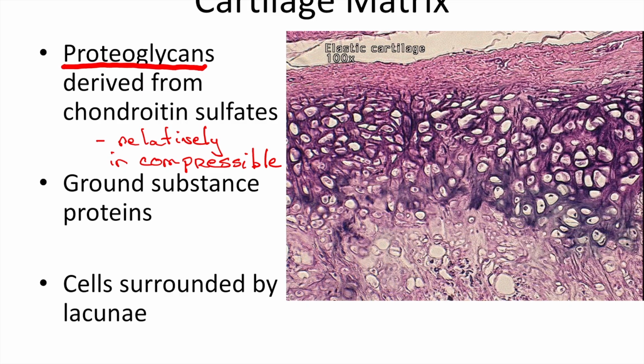Which is good because cartilage in many areas serves as shock absorption. The cells in cartilage are called chondrocytes, and they're found in hollow areas called lacuna.